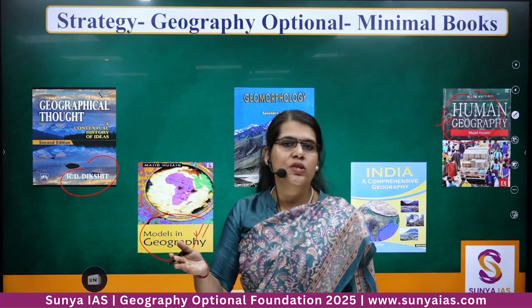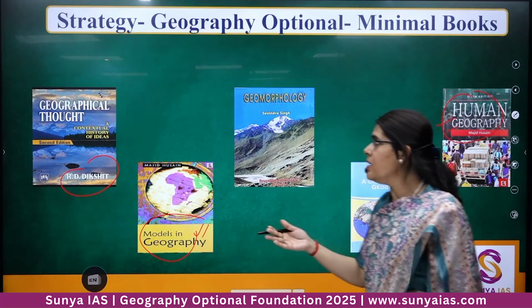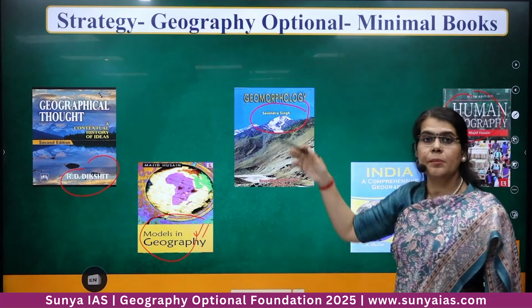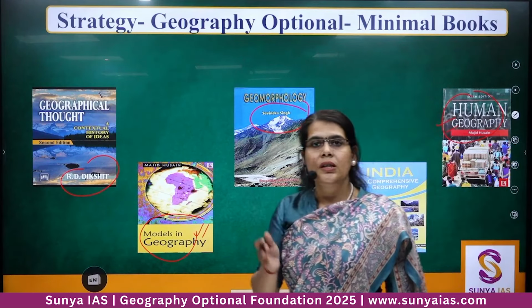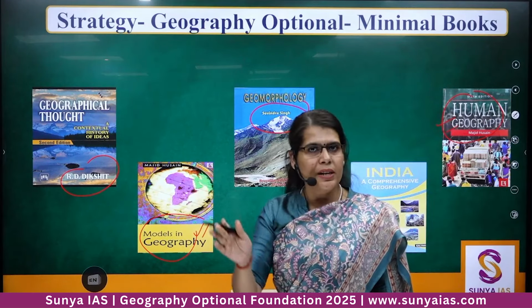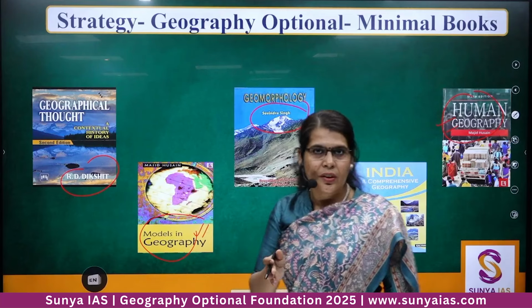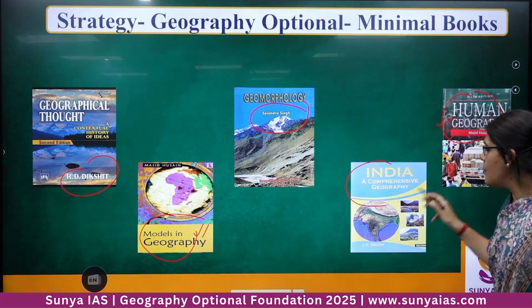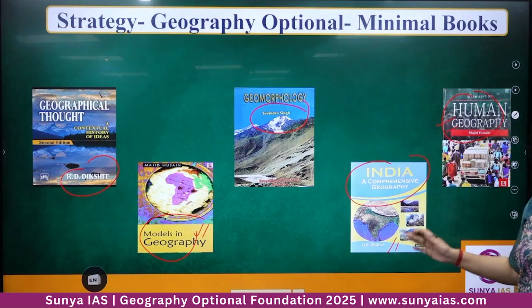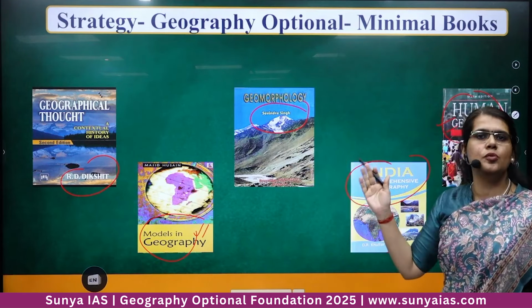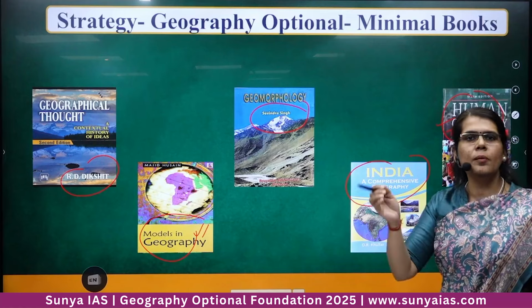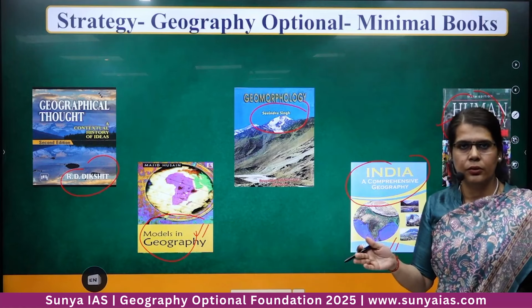So you must have these two books, very nice books, right? Then there are multiple editions of Savindra Singh's books. You will have the geomorphology one. Apart from that, restrict yourself for now, okay? And India, a Comprehensive Geography, D.R. Khullar for paper 2. So we will restrict ourselves to these books only. Apart from that, you will not purchase any other books, okay?